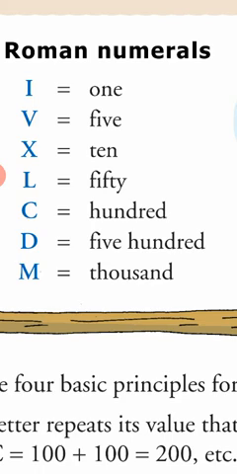That means there is no symbol for writing 0. We will discuss in the rules how we are going to write numbers greater than 10 in Roman numerals.